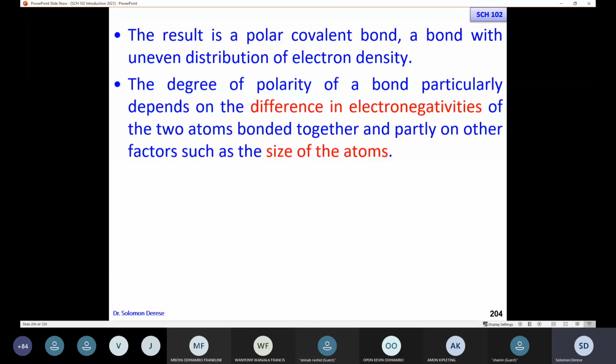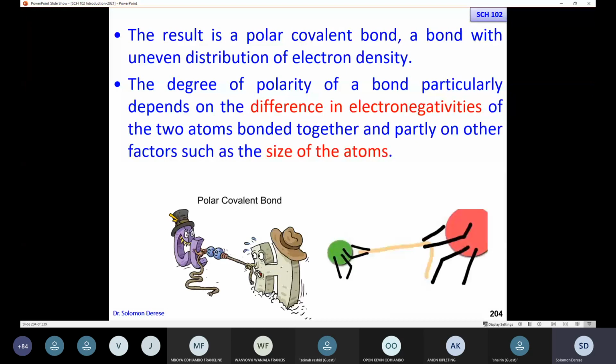So the degree of polarization of chemical bonds is not the same. As we have seen, the covalent bond between hydrogen and chlorine and the covalent bond between hydrogen and fluorine are not the same in terms of their polarization. The covalent bond between hydrogen and fluorine is more polar than the covalent bond between hydrogen and chlorine.